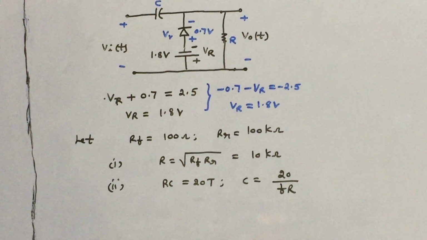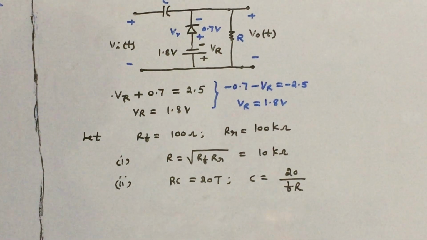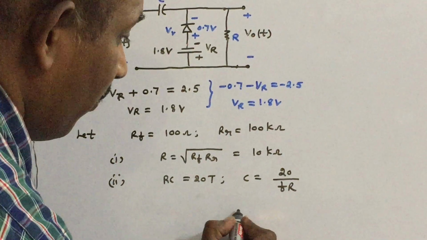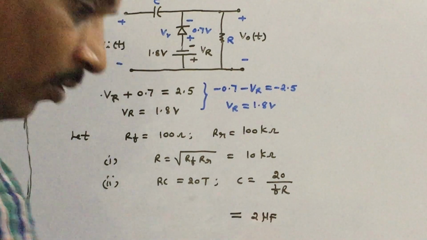What is the frequency given? The frequency given in the problem is 1 kilohertz. So that means the capacitor will become 2 microfarads.